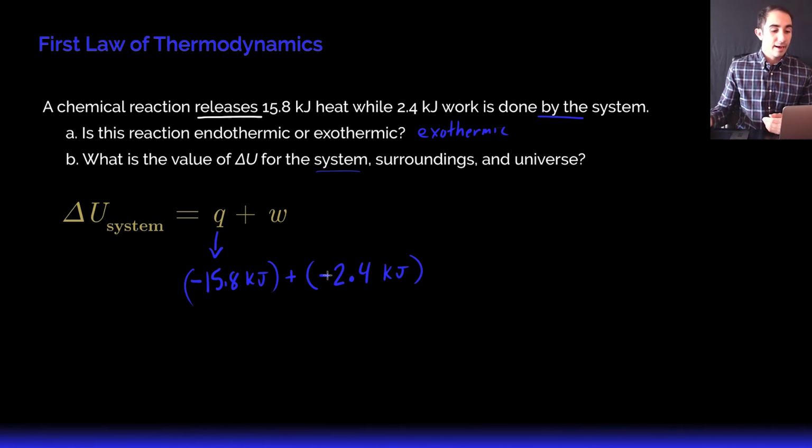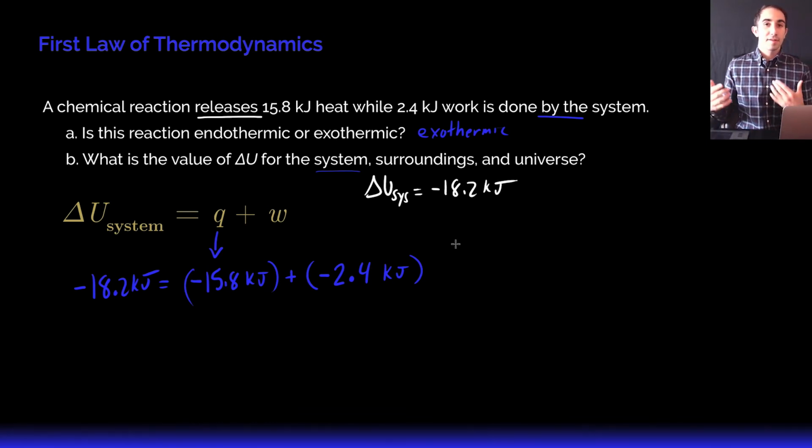Because if I had either one of these positive, I would end up with a totally different answer than the correct answer here, which is negative 18.2 kilojoules. So I can write here that delta U for my system is equal to negative 18.2 kilojoules.